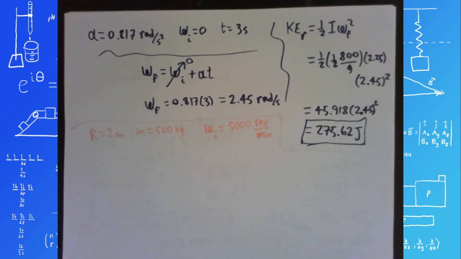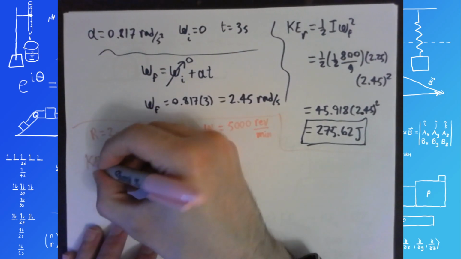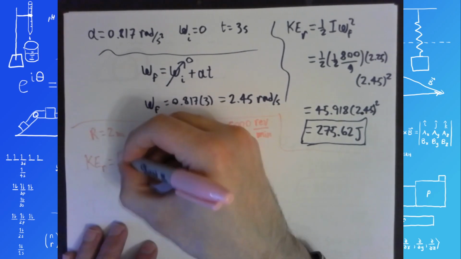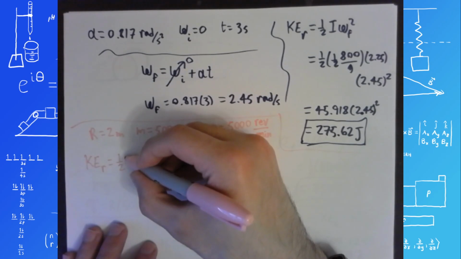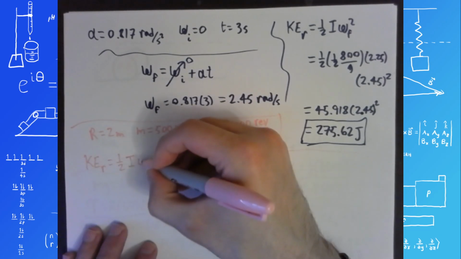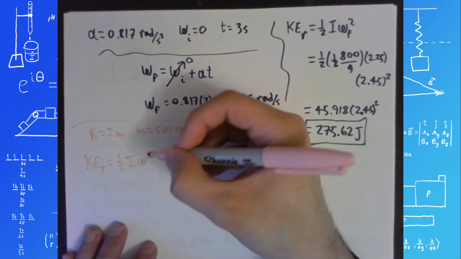Okay, so part A first, it says find the kinetic energy stored in the flywheel. So easy enough, kinetic energy. Rotational is just 1/2 of the moment of inertia times the angular speed squared.